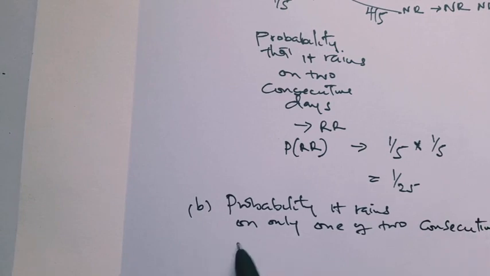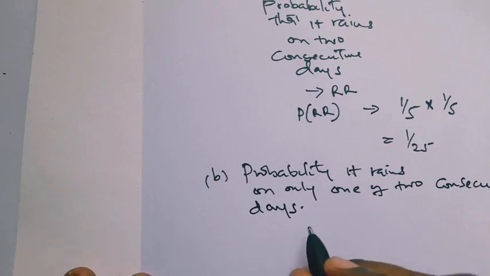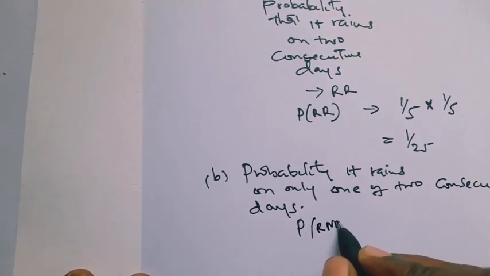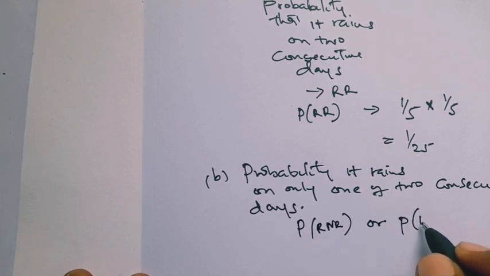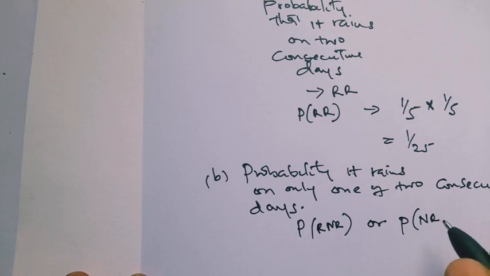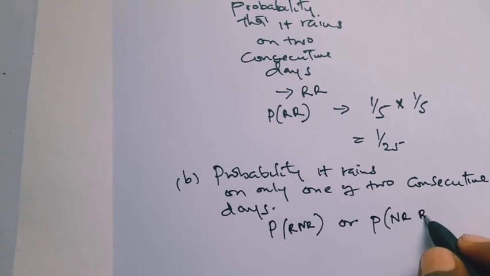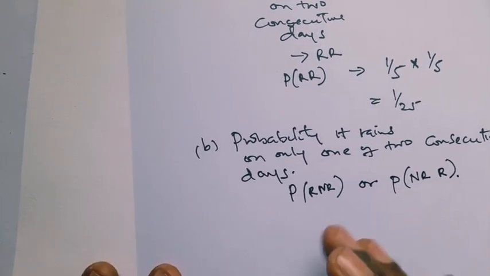So it can rain on the first day and not rain on the second, or it doesn't rain on the first and then it rains on the second. So those are the outcomes: it rains and doesn't rain, it doesn't rain and it rains.